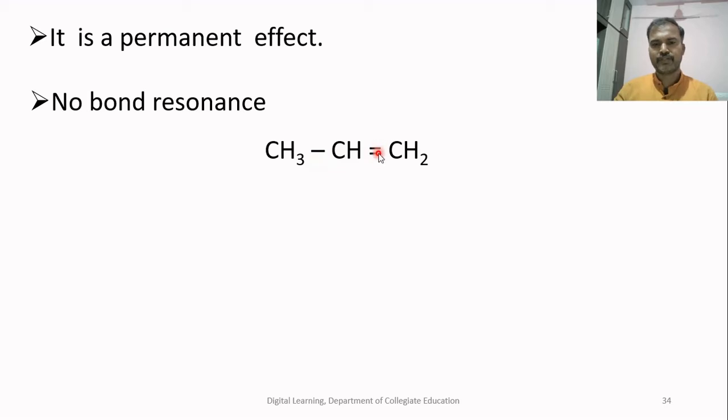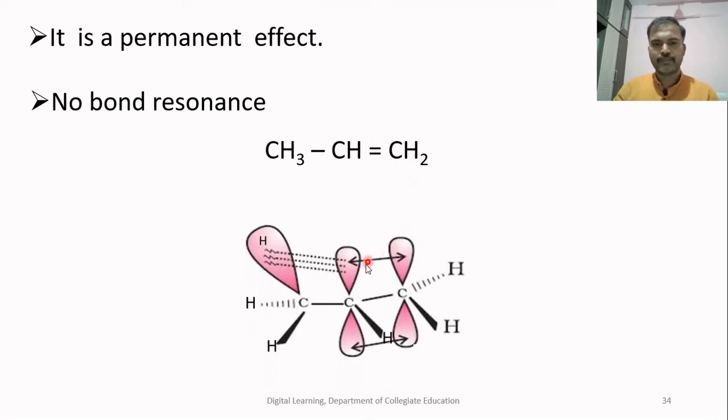Among these two bonds, one is a sigma bond and another one is a pi bond. As we know, the pi bond is formed by the sideways overlapping of unhybridized p orbitals of this carbon atom and this carbon atom. And these p orbitals are perpendicular to the plane of this carbon-carbon sigma bond.